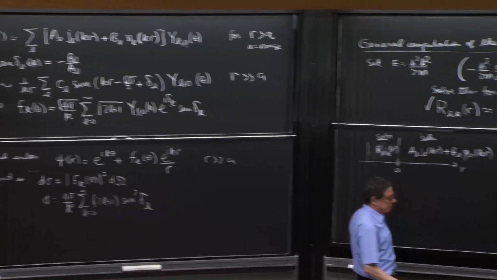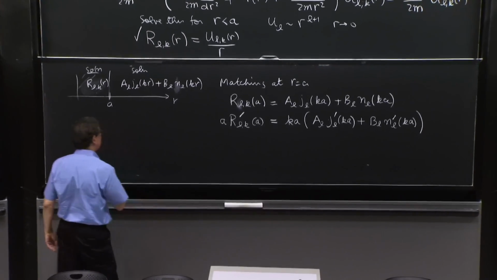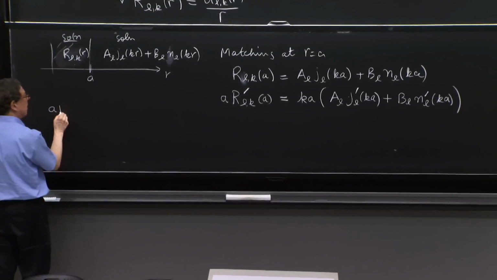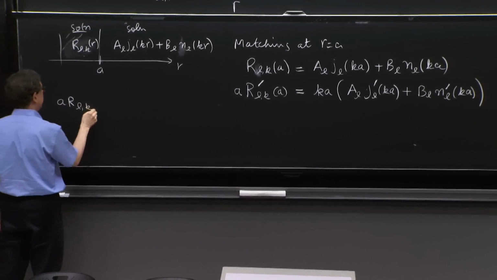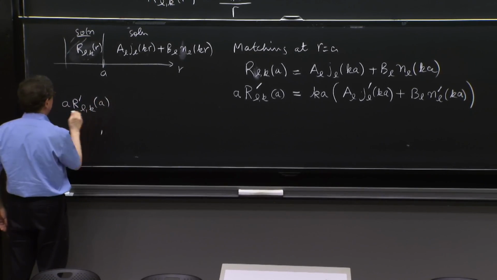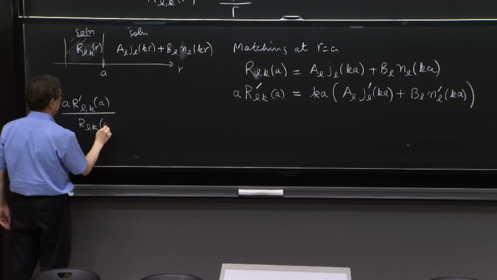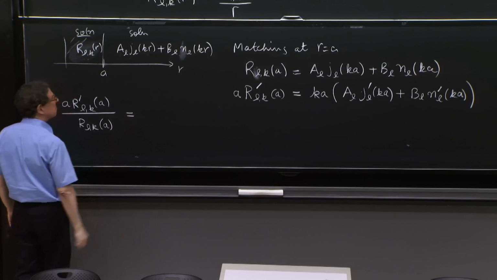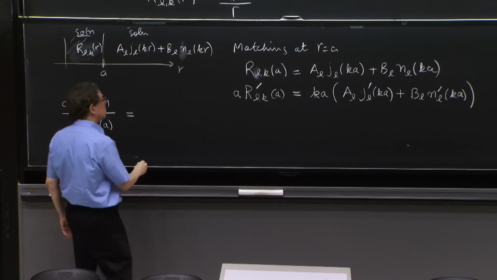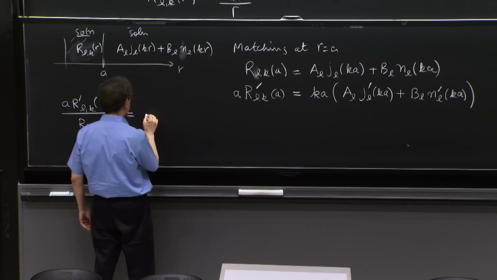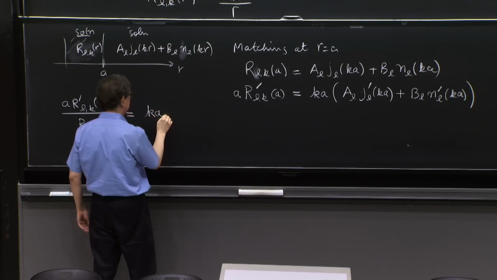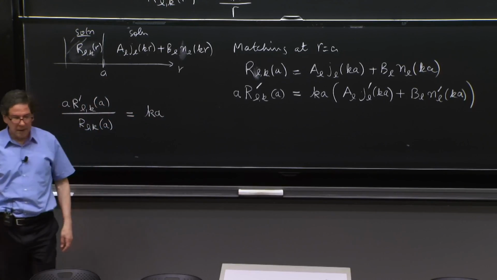So let's form the ratio: a R_{Lk} prime at a over R_{Lk} at a, and then I have ka, that's still there.